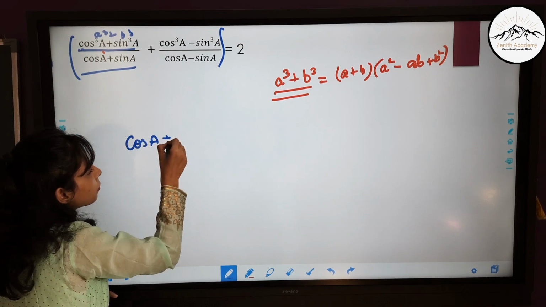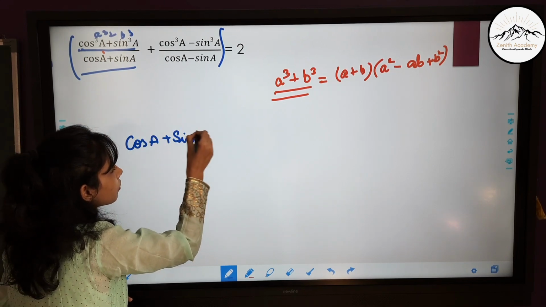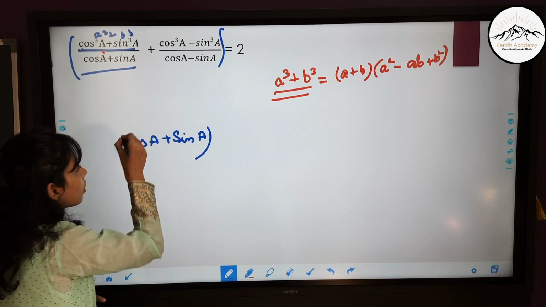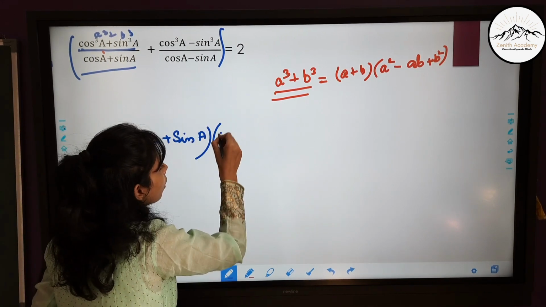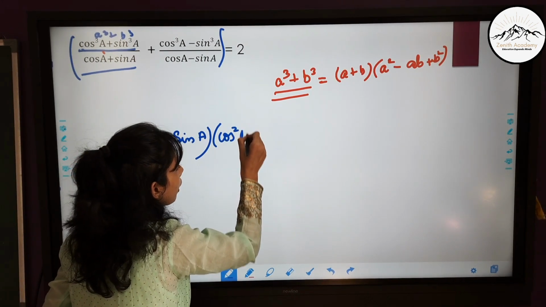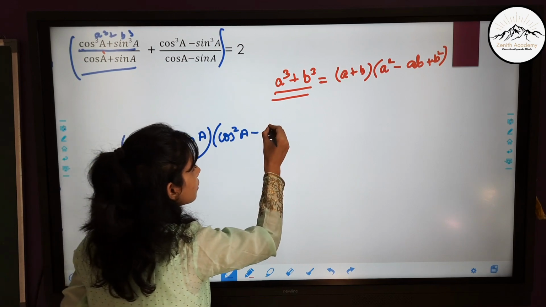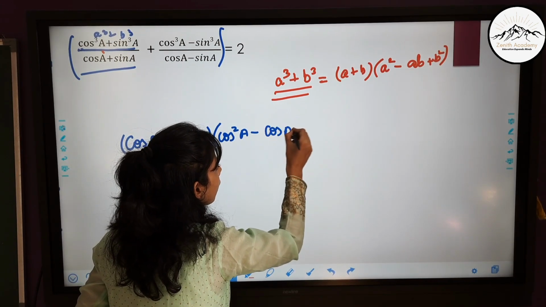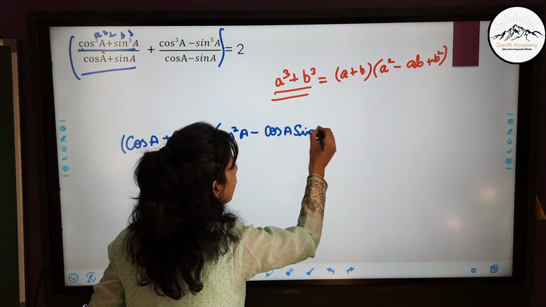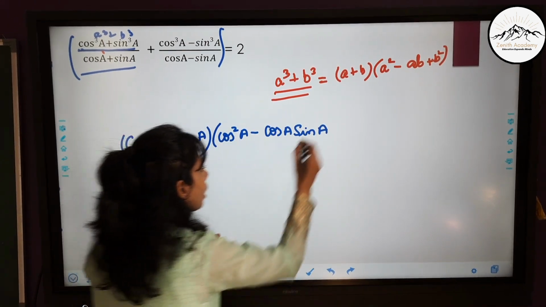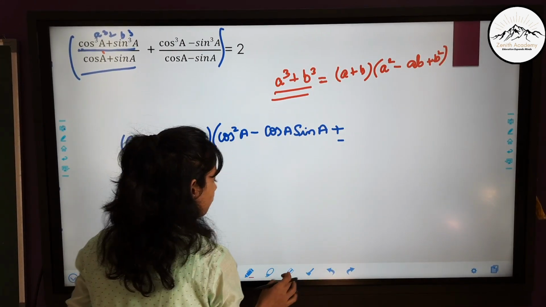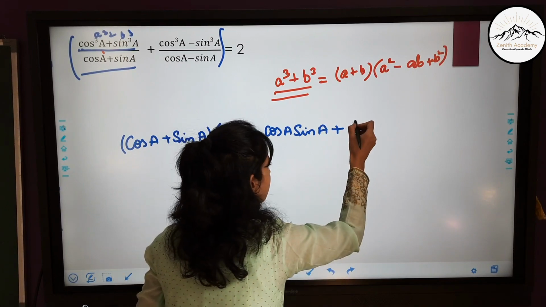Cos a plus sin a into cos square a minus cos a sin a plus sin square a.